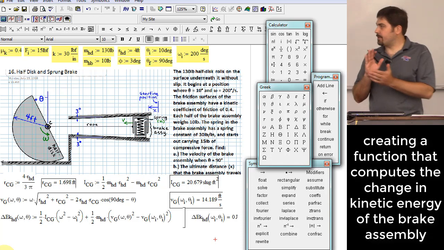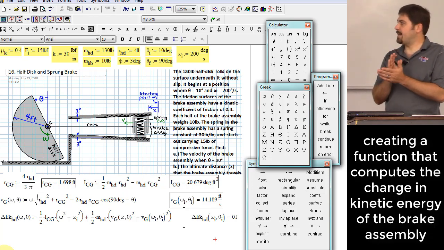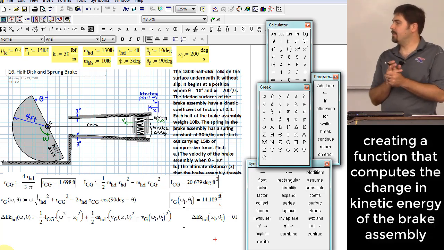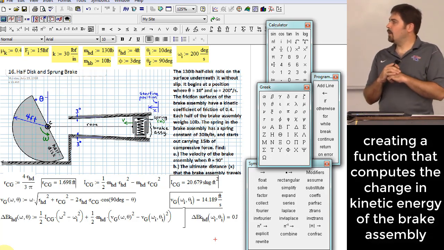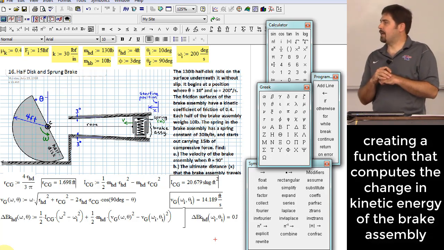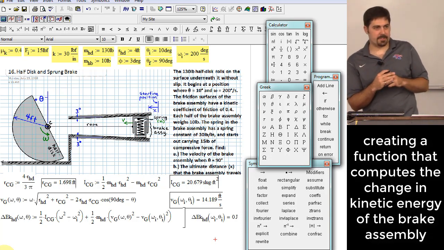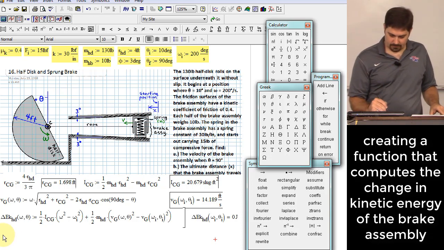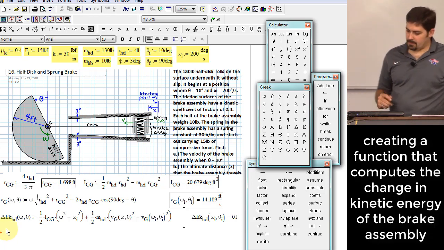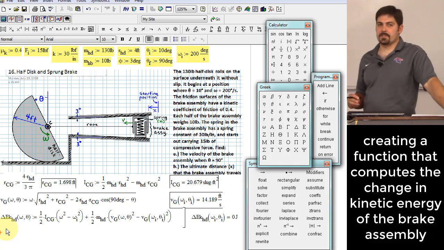So now I've got a function that gives me kinetic energy for the half disk as a function of omega and theta. Do I have any other kind of kinetic energy that I might want to consider? Okay. Is my brake assembly massless? It is not.